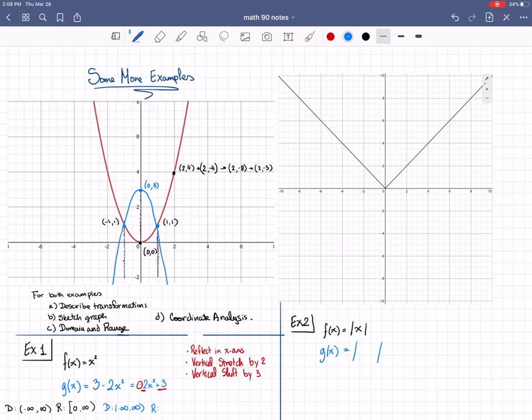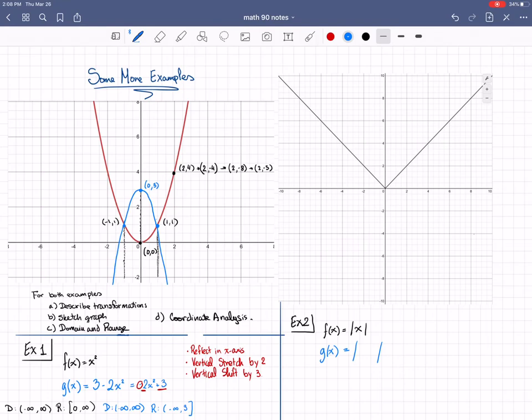The graph does not go above 3. And so in the range, you actually see both the vertical shift and the reflection in the x-axis. You see the range is flipped over and it is now up to 3 rather than stopping at 0.